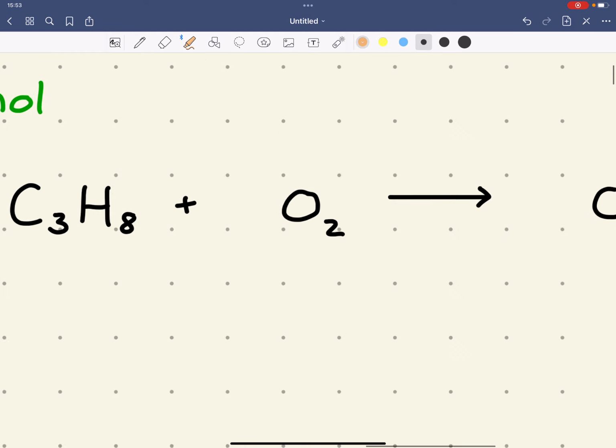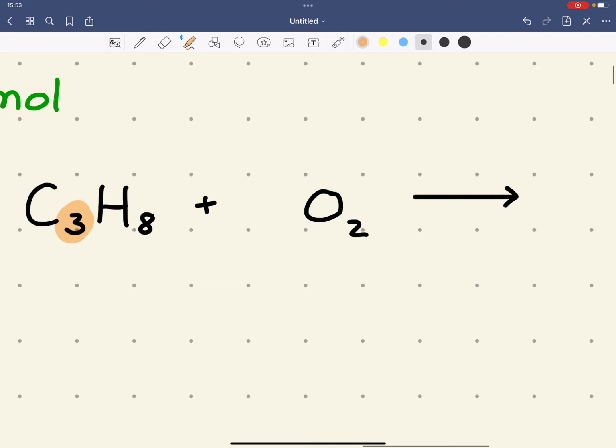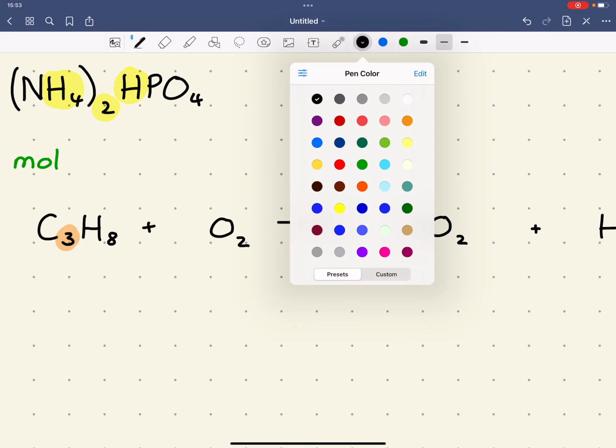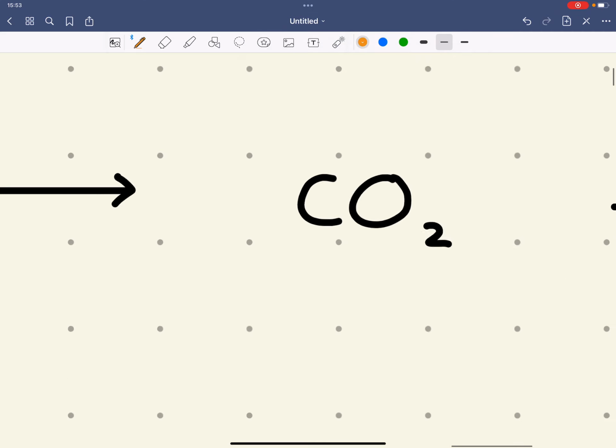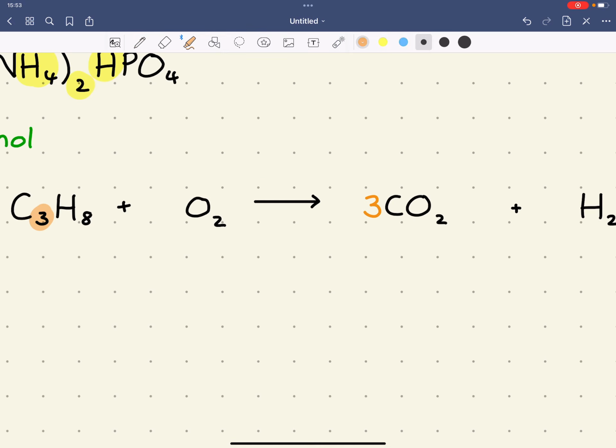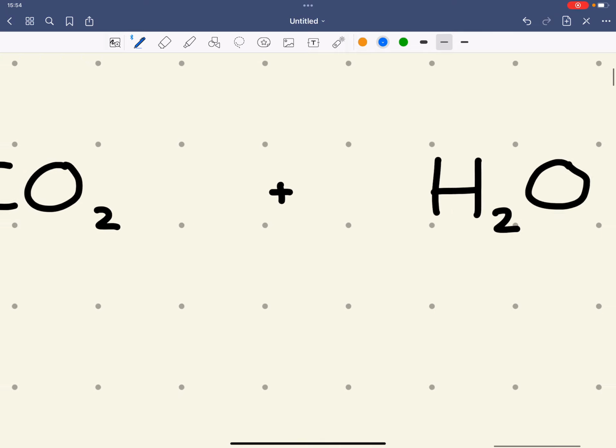Very simply, how we do this is the number of carbons in the thing that you're burning will equal the number of carbon dioxides that you form. So in this case, that'll be a 3. The number of hydrogens in whatever you're burning, you'll then have half that number of waters, so you're going to have a 4.